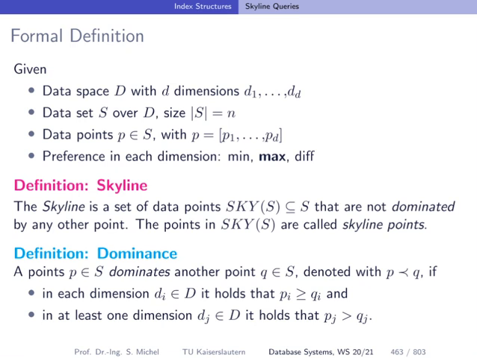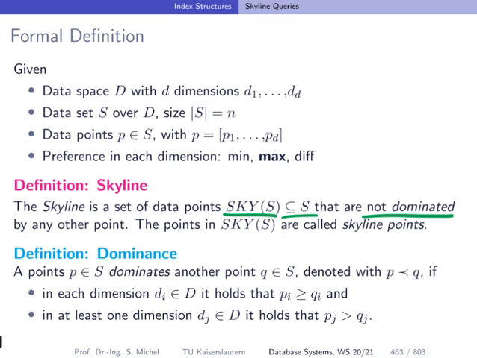So how is skyline defined? The skyline is a set of data points that we call sky of S, which is a subset of or equal to S. The skyline consists of points which are not dominated by any other point. These points are called skyline points.